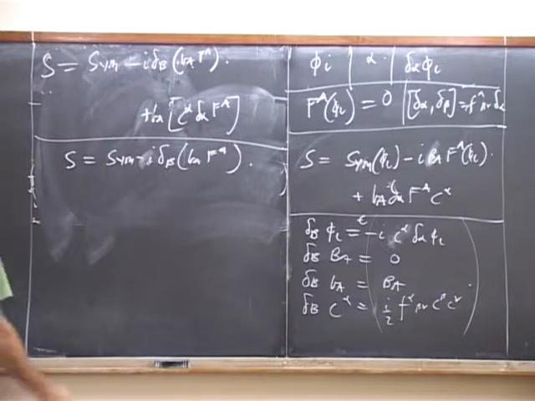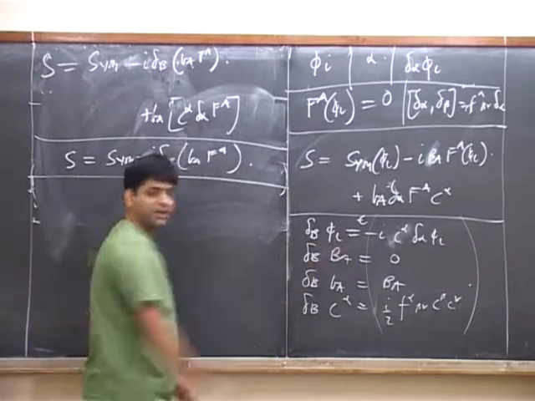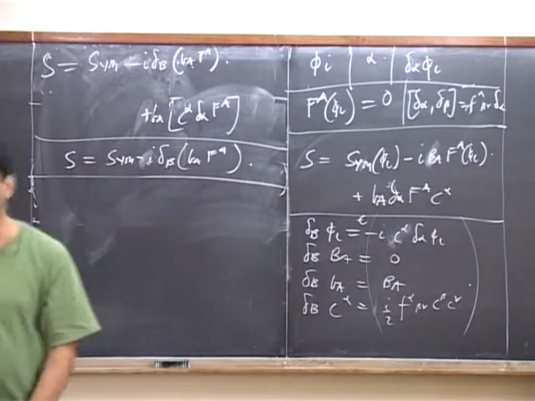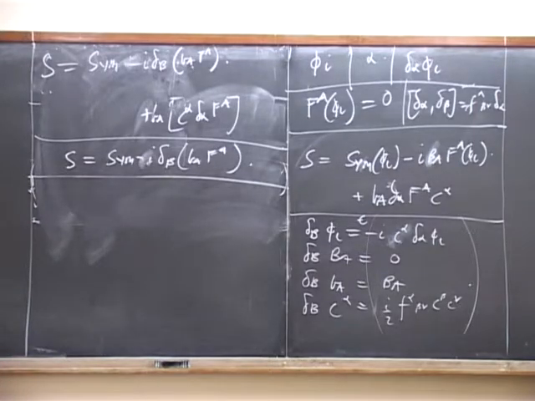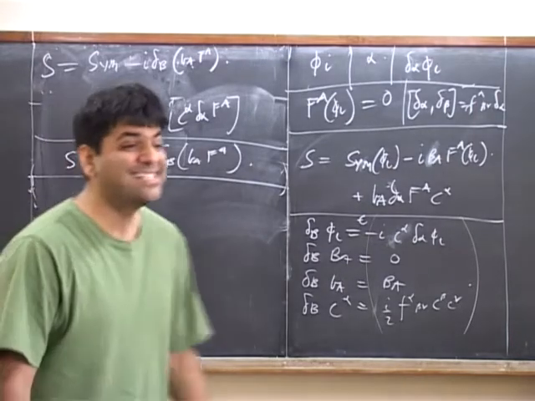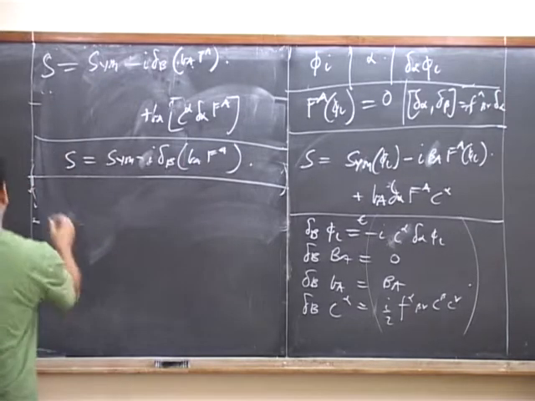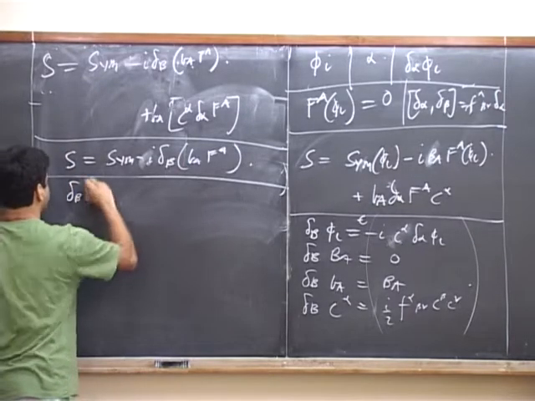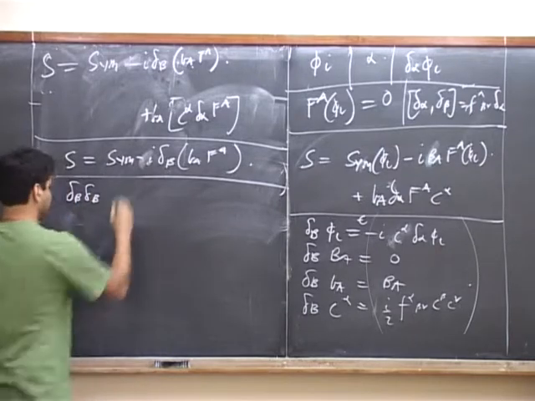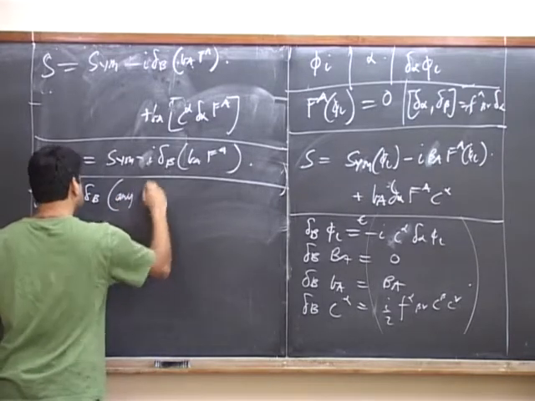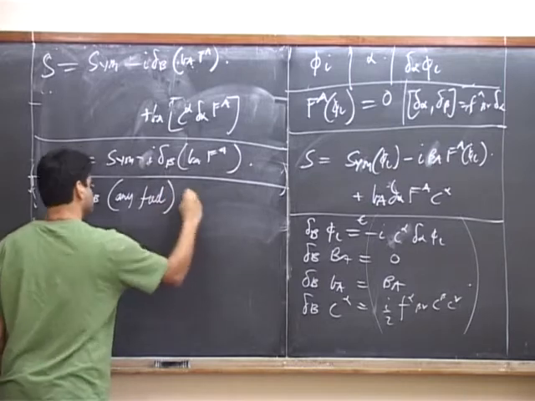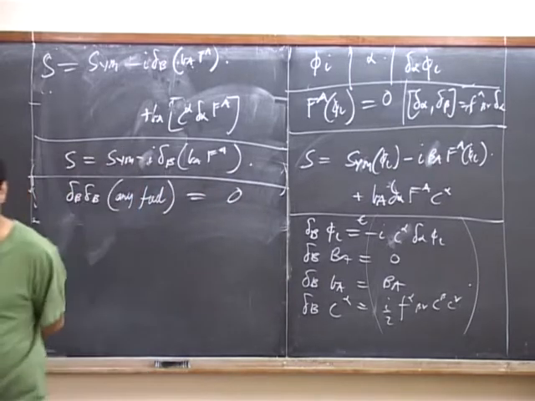Now the next property of this variation that we're going to study is that this variation squares to 0. So I want to claim that delta B and delta B on any field will be equal to 0.